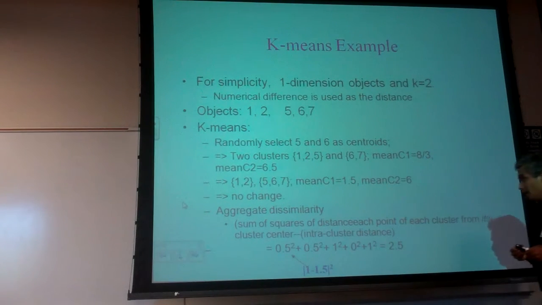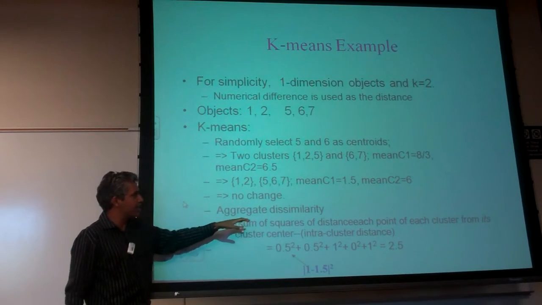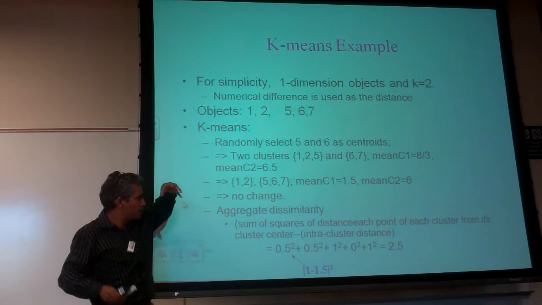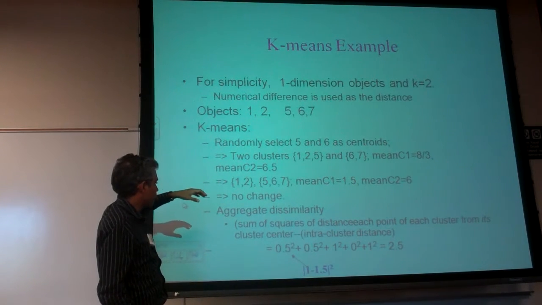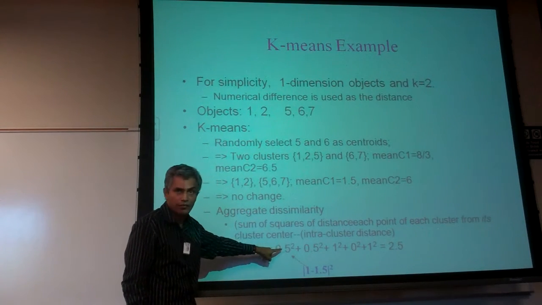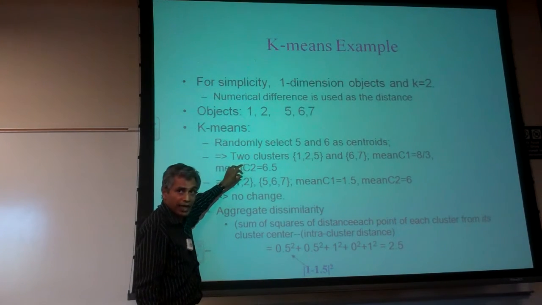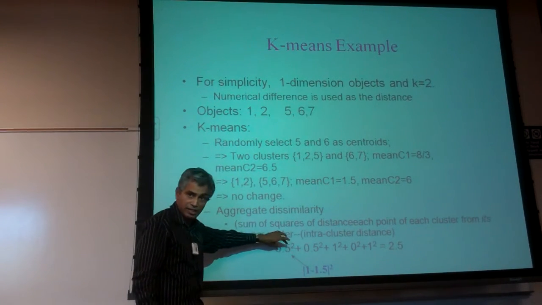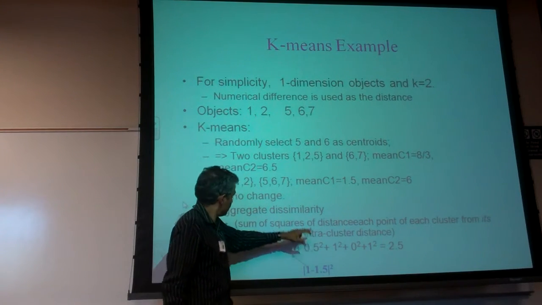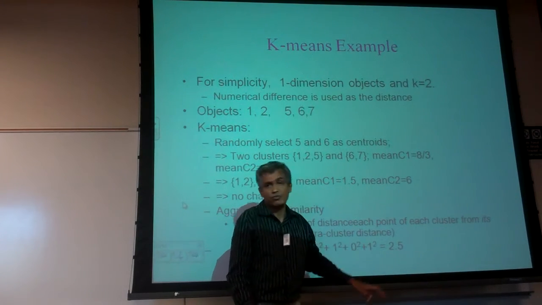What's interesting is that for this case, you can actually compute the aggregate dissimilarity, which is each cluster's dissimilarity. I'm just computing where I stop. When I stop, this is 1 and the center is 1.5. 1 minus 1.5 is 0.5, so 0.5 squared. And 2 minus 1.5 is 0.5, so 0.5 squared. And then here, 6 is the middle, so 1 square plus 0 square plus 1 square.